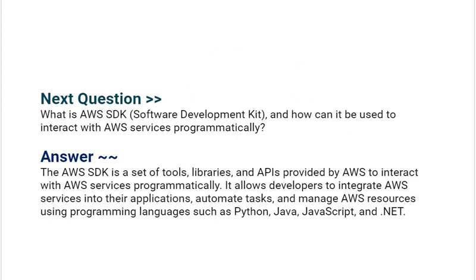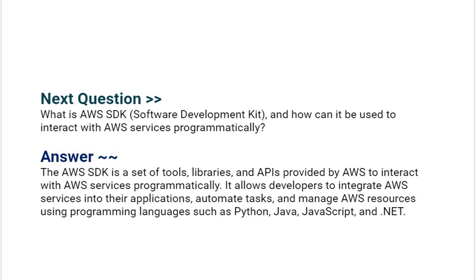Our interview question based on Certified Developer Associate is: what is AWS SDK, that is Software Development Kit, and how can it be used to interact with AWS service programmatically?